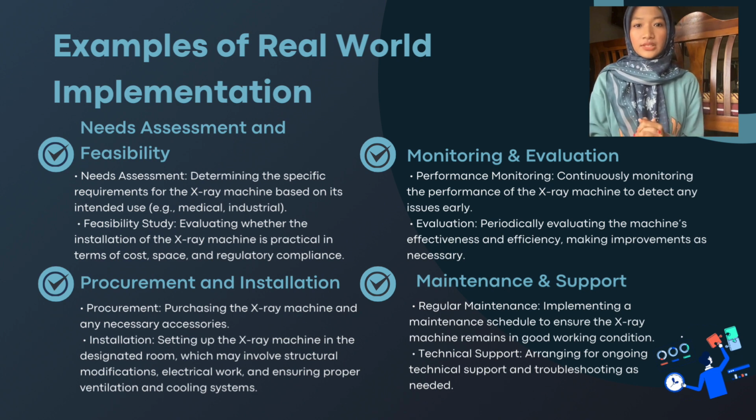The installation process may require structural modifications to the room, such as adding or reinforcing walls for radiation shielding, installing the necessary electrical infrastructure to support the machine, and ensuring proper ventilation and cooling systems are in place to maintain optimal operating conditions. The installation will be carried out by trained professionals to ensure the machine is correctly and safely set up, ready for initial testing and calibration.